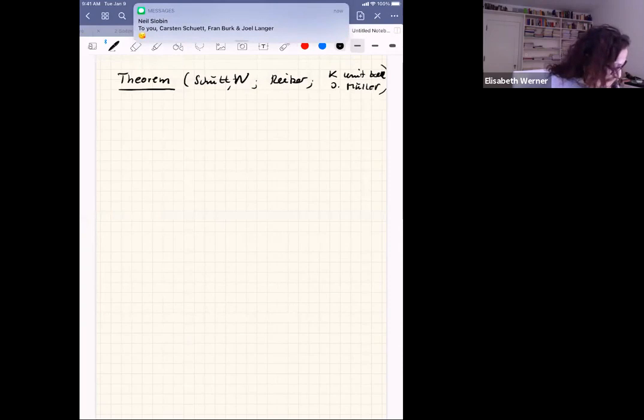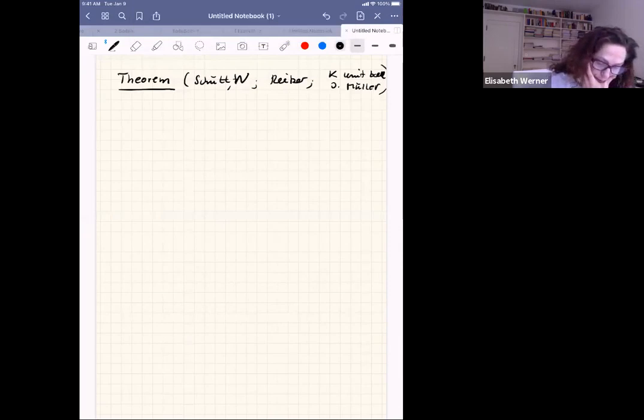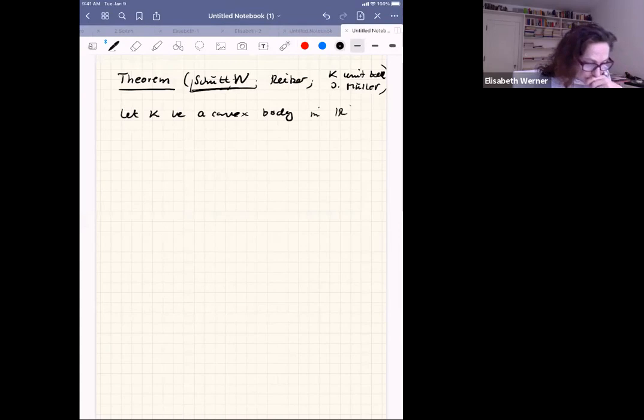So what does the theorem say? I'll give the strongest formulation. So let K be a convex body such that now we do need some smoothness condition.